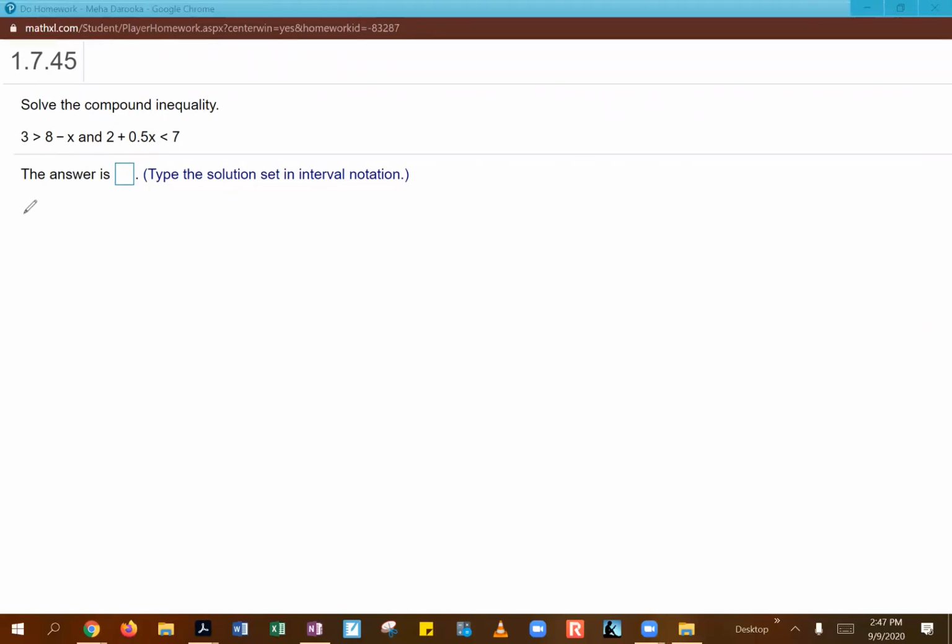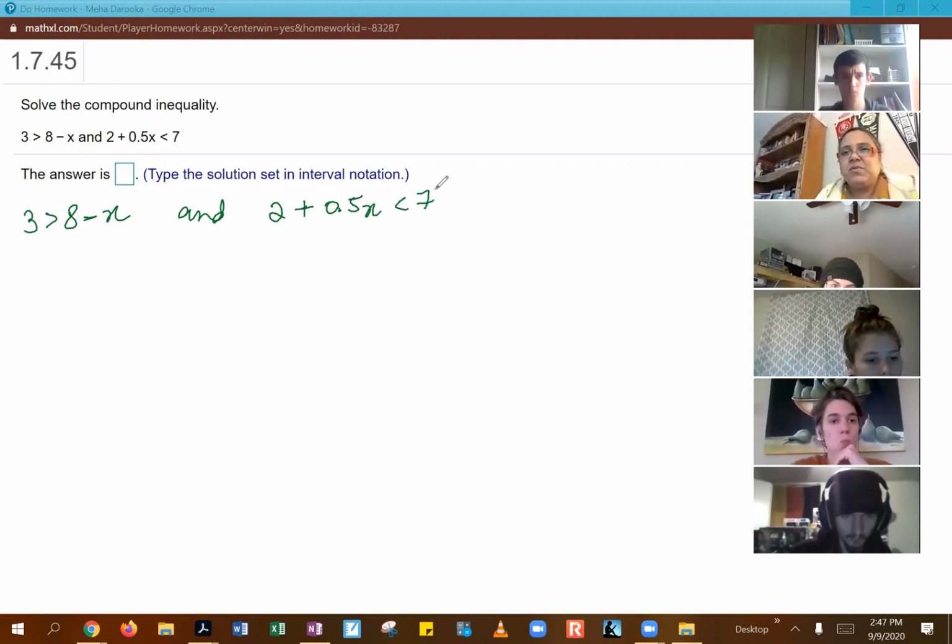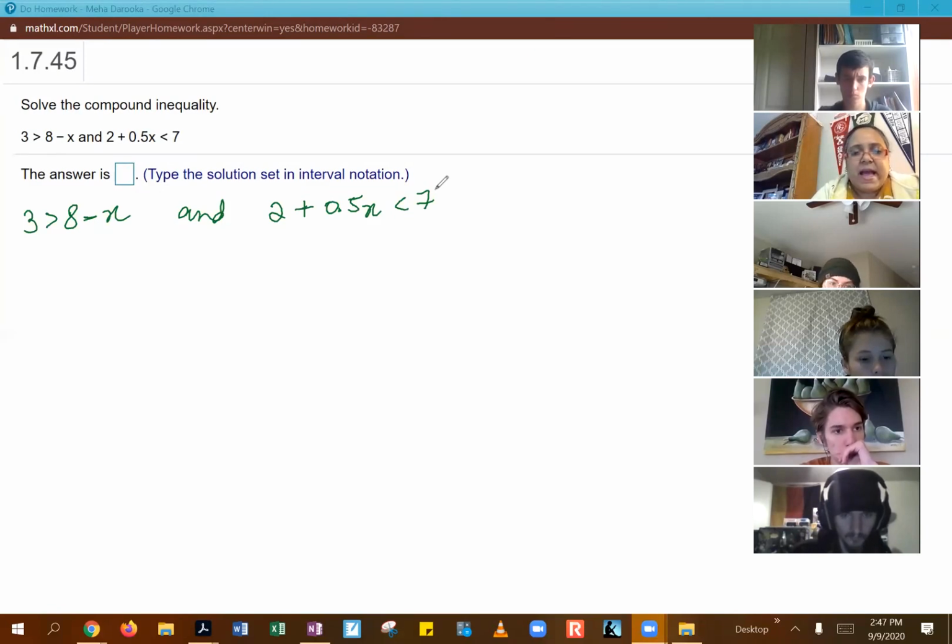You are given 3 > 8 - x and 2 + 0.5x < 7. If you solve each one of these individually, what kind of answers are we looking at for our x value here? Don't send your answers just yet, just have your answers ready. When I ask you to, you can send it in, so not just yet, just wait.